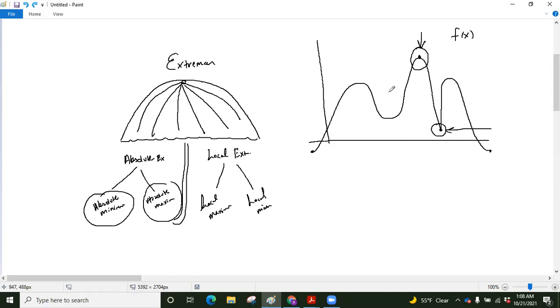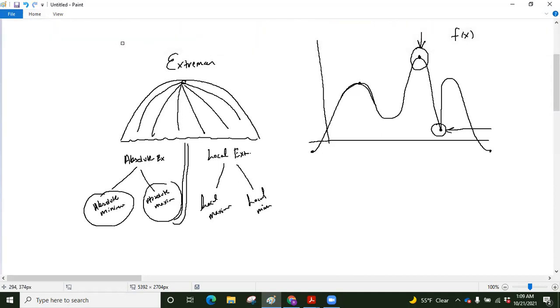Now we're looking at small neighborhoods on the graph where certain points are greater in that locality. If we look at this point here, this point isn't the greatest point on the entire graph, but if you look at this small neighborhood, and this should actually be a little more curved, something like this.